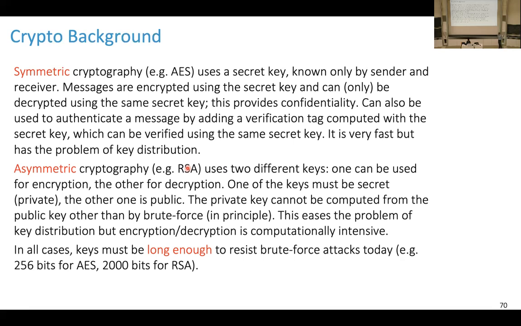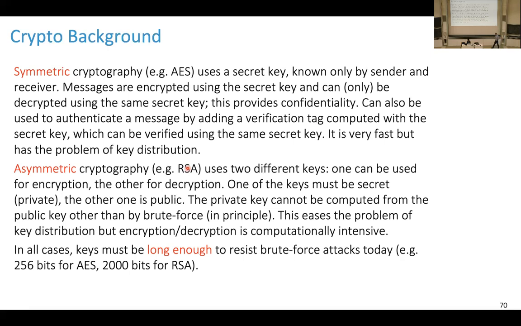And so the idea of the public and private key is the following. Let's imagine I have a message and I encrypt it with my private key. I will send this message to everybody. You will be able to decrypt this message. You will use my public key to decrypt the message. And then you will authenticate the fact that it's me that sent you this message, because I am the only owner of the private key associated to this public key.